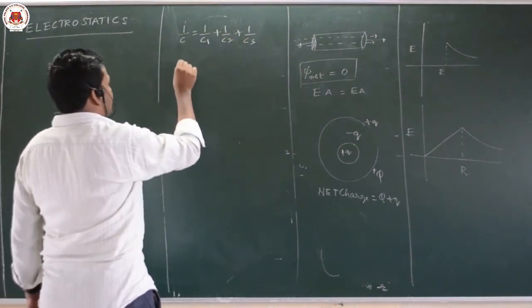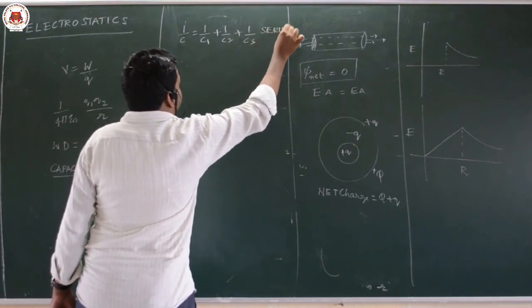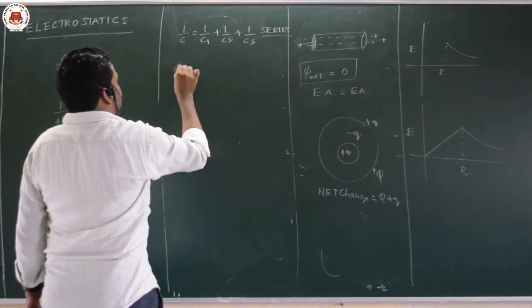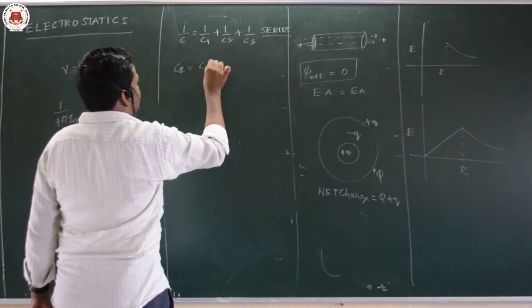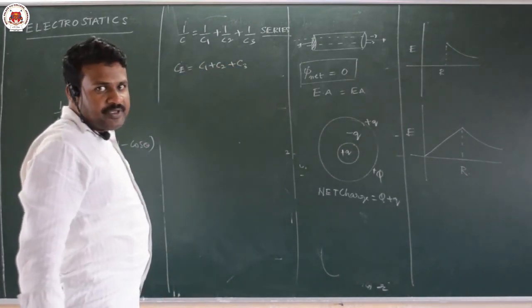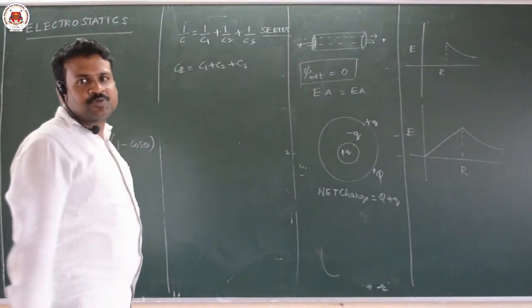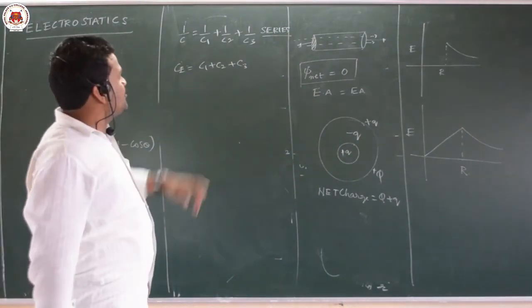This is for series. When they are in parallel, C effective is equal to C1 plus C2 plus C3. In series, charge remains the same. If the negative plate of the first capacitor is connected to the positive plate of the second capacitor, they are said to be in series.